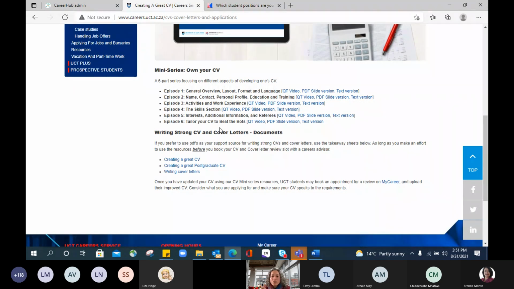When you see an opportunity that you are interested in, whether it's a student role or a part-time job outside of UCT, you look at that job description, the type of candidate that they are interested in, and you take out of the generic CV everything that is irrelevant.